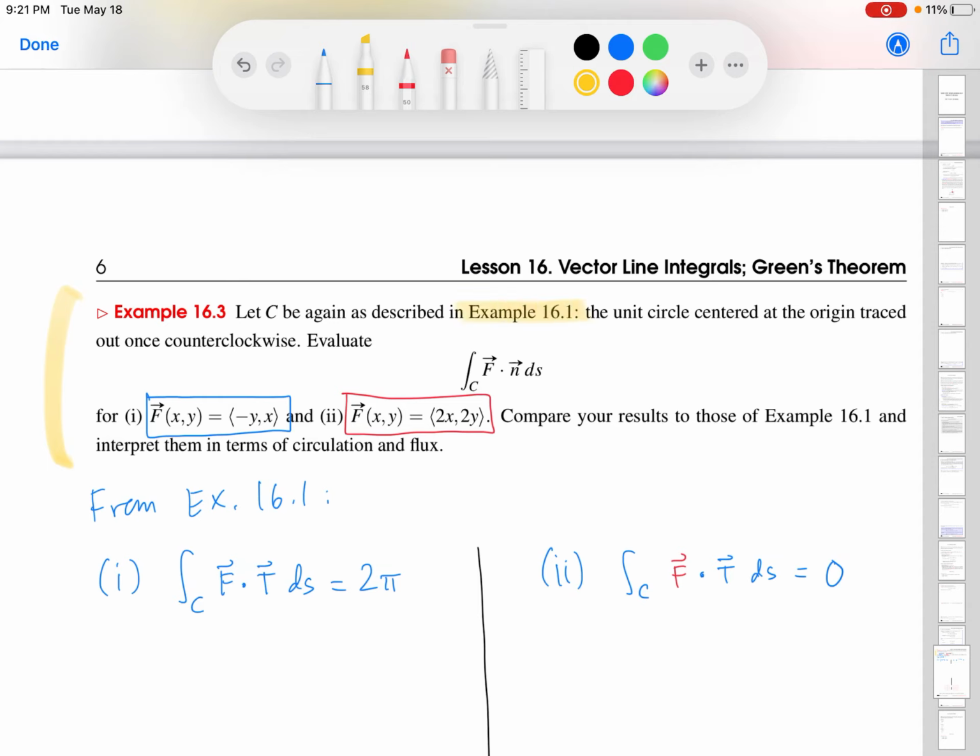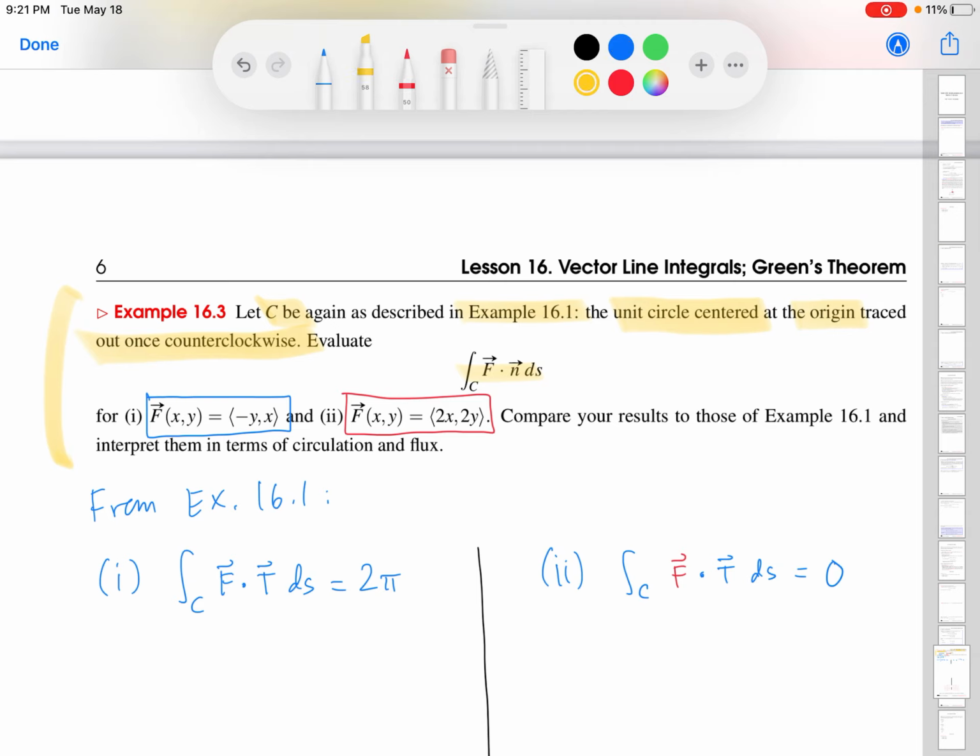So let me do an example for you. Let me go back to example 16.1. Let's use the same curve C, which is the unit circle centered at the origin and traced out once counterclockwise. So we are going to once again evaluate a vector line integral, but this time we're going to evaluate the flux across C, and we're going to do it for the same two vector fields that we did in that example.